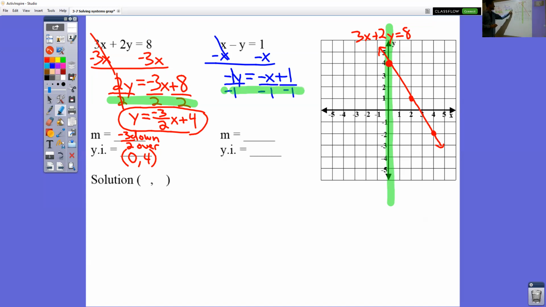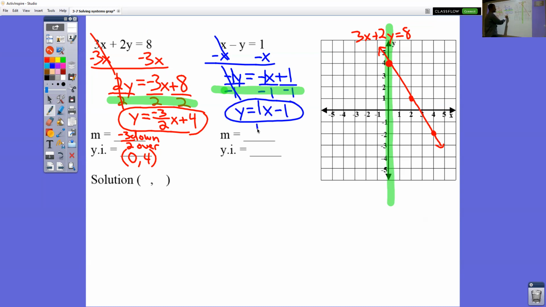Remember, you have to divide each and every term by that number. Now these negative ones will just cancel out, so I have my y all by itself. Be careful here. There's really a negative 1 right there in front of the x, so negative 1 divided by negative 1 is positive 1x. 1 divided by negative 1 at the end is negative 1, so I'm going to write minus 1.